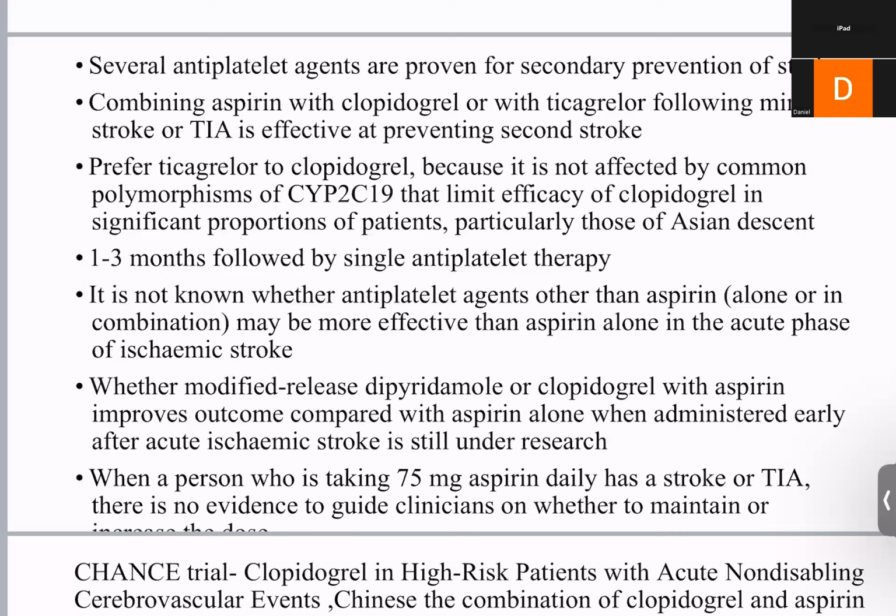They prefer to use ticagrelor because of the cytochrome P450 2C19 polymorphism, which we encounter with clopidogrel, especially in patients of Asian descent. Whether to use aspirin alone or combine another antiplatelet agent in the treatment of the acute phase of ischemic stroke is still a debate.